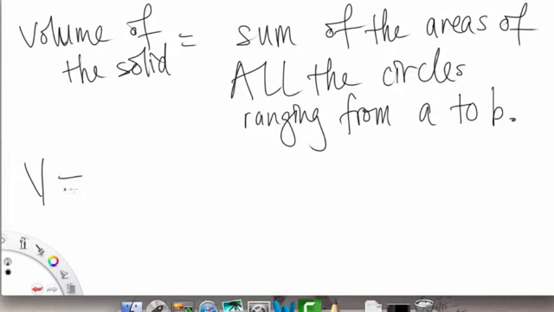The volume is equal to the sum of, and whenever we're adding up a sum of infinite things, we have the integral from A to B of pi r squared, because this is the formula for the area of a circle, right?